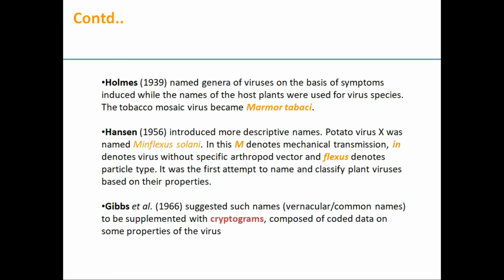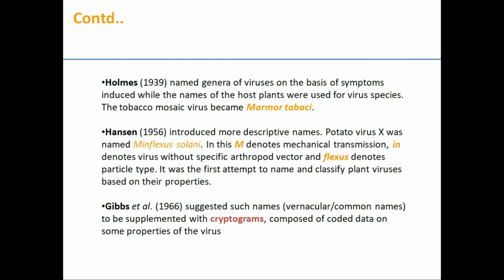In the genus name Minflexus, M denotes mechanical transmission, IN denotes virus without specific vector, and flexus denotes particle type. It was the first attempt to name and classify plant virus based on their properties.